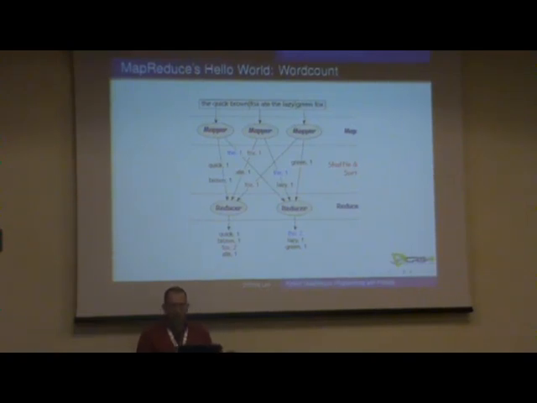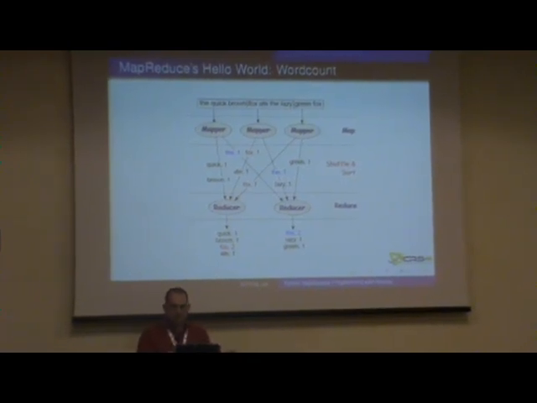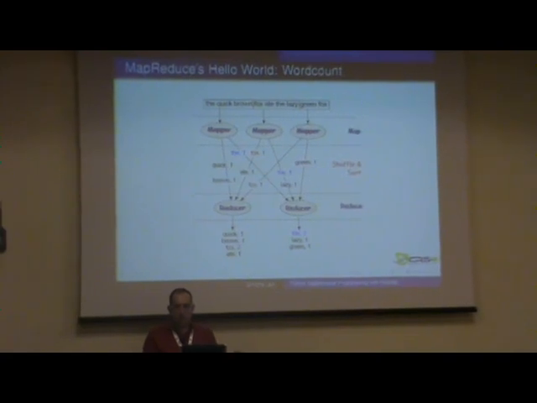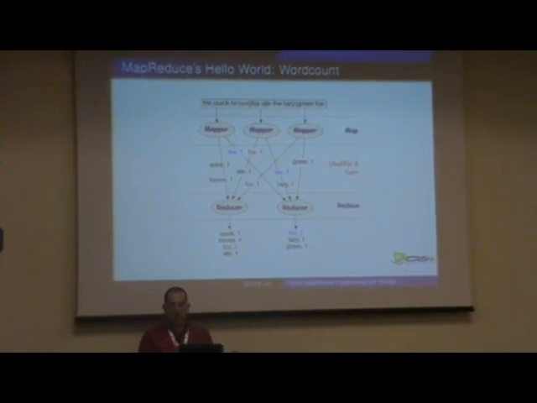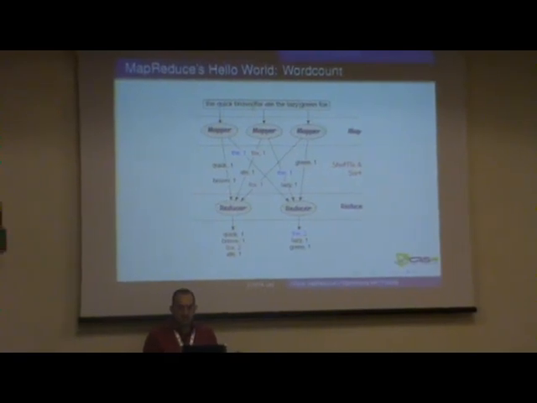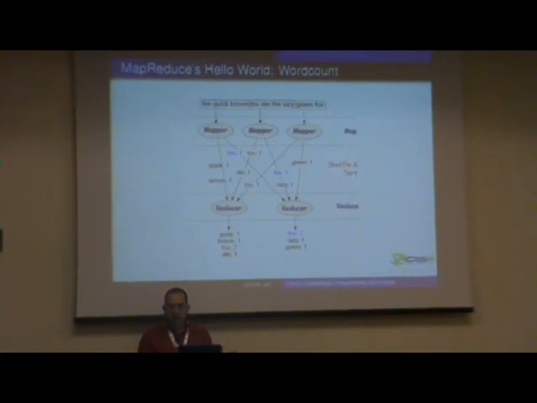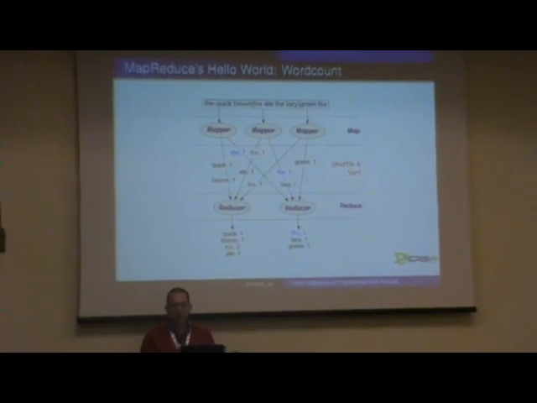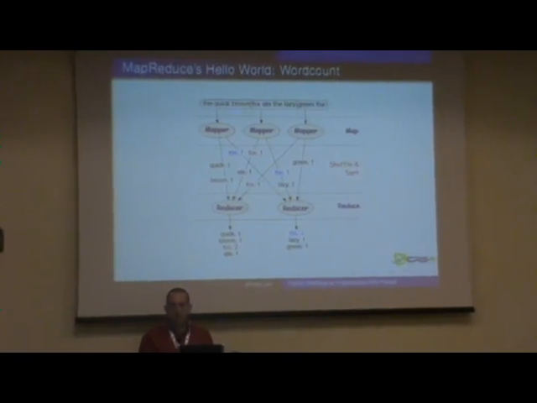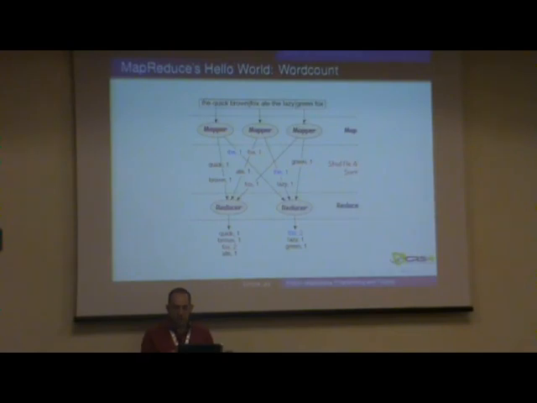Now the framework automatically performs a shuffle and sort phase where key-value pairs are sorted and grouped by key, so that each reducer receives a key and all the values corresponding to that key. At this point, it's very easy to implement the reduce function. You only have to sum together all values corresponding to that key, and you're done.